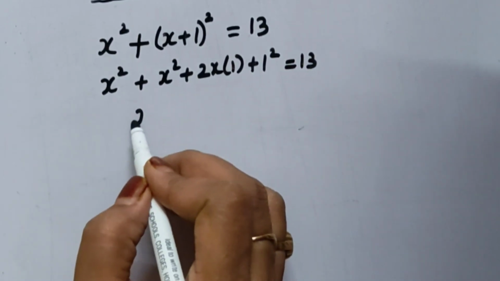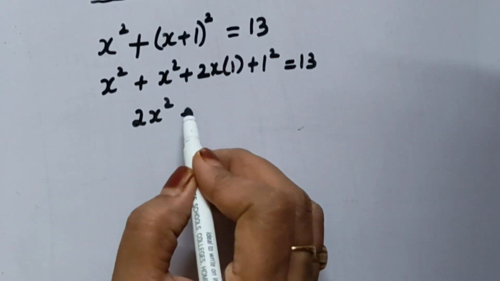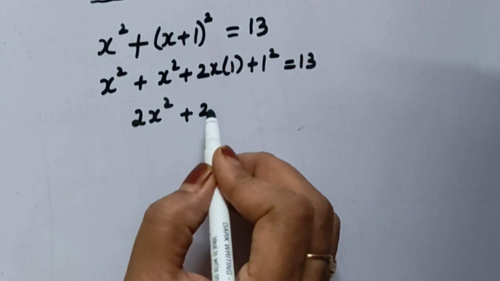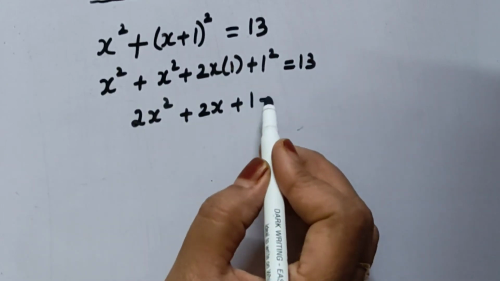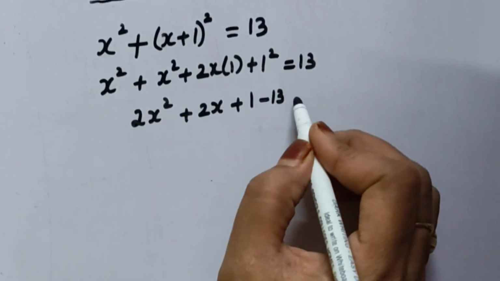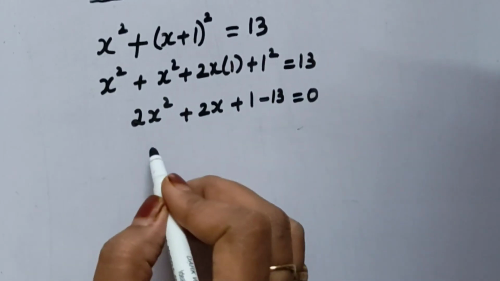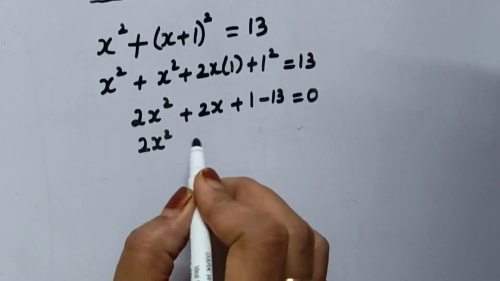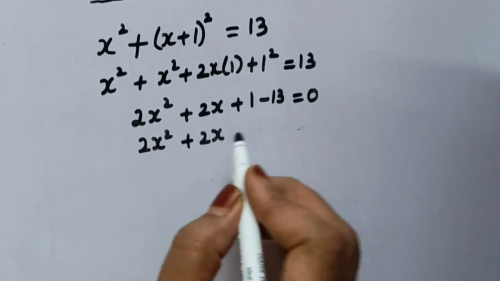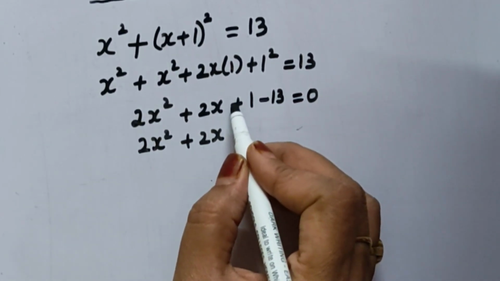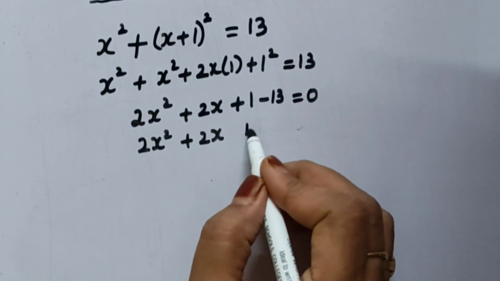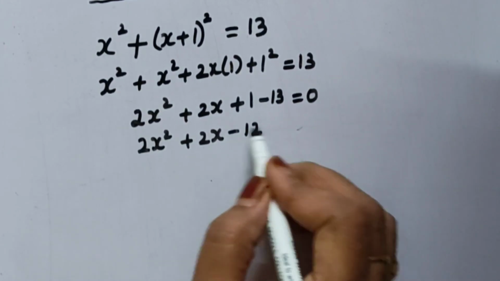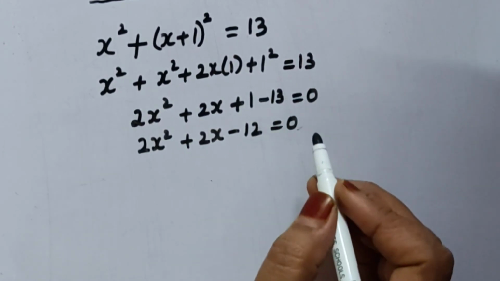x square plus x square is 2x square, plus 2 ones are 2, 2x, plus 1 square is 1. Let us take 13 to the left hand side, minus 13 equals to 0. 2x square plus 2x, and see here we have one plus sign, one minus sign, we need to subtract, we get 12 with the minus sign equals to 0.